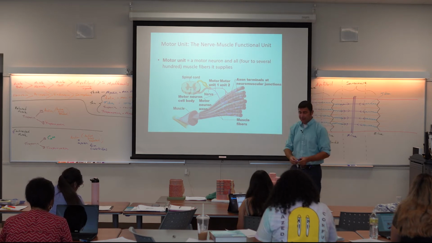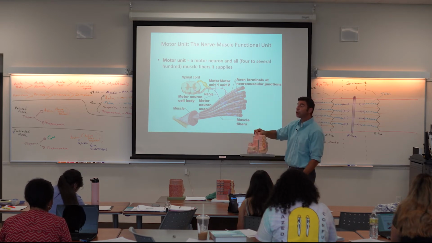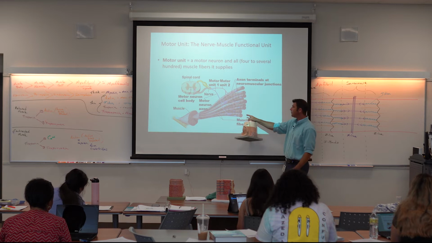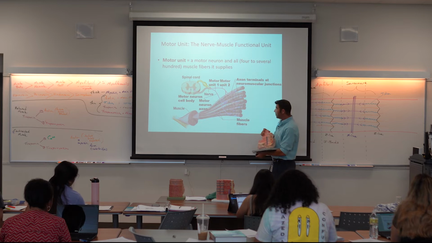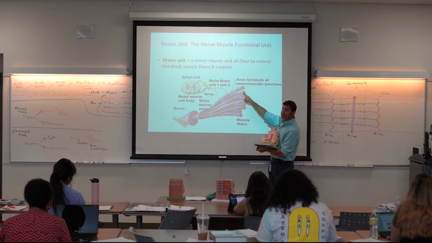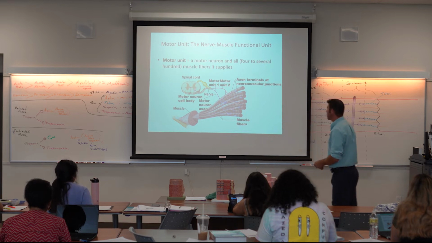But if I wanted to pick up something like this model that's heavier, I would need to recruit more of these muscle fibers. I couldn't do it with just 2 muscle fibers. I might need 5 muscle fibers. So motor unit number 1 and motor unit number 2 can fire at the same time and give you a greater strength of contraction. You're just firing more of those muscle fibers at the same time.